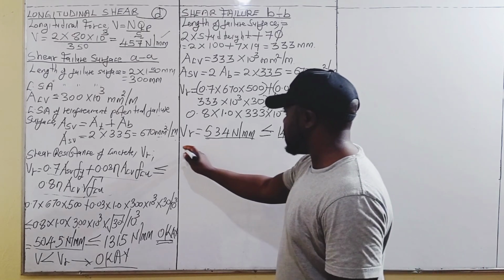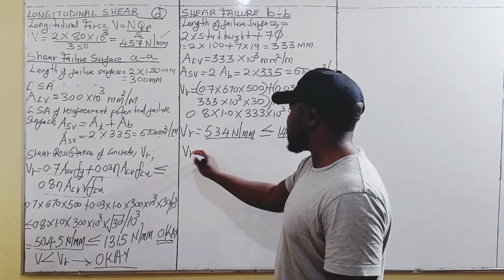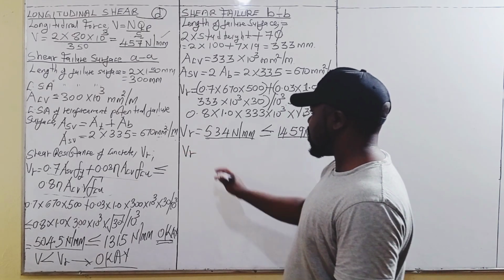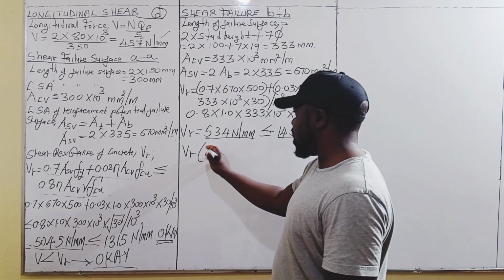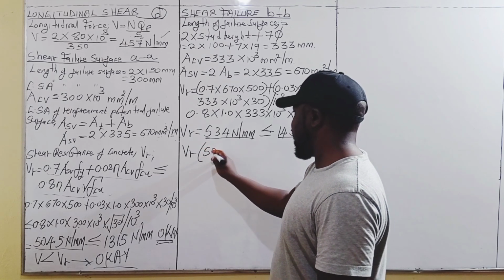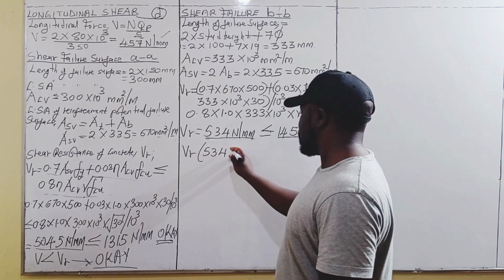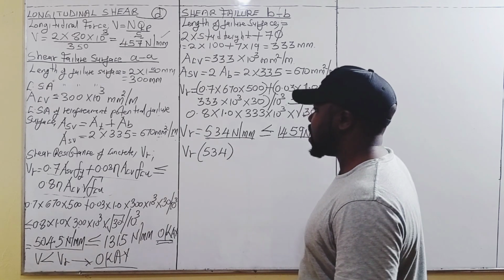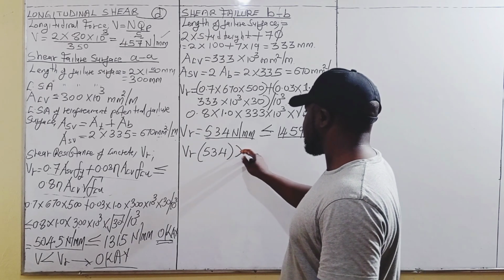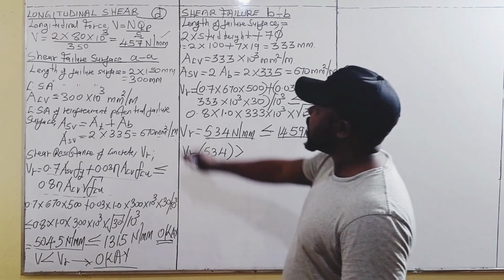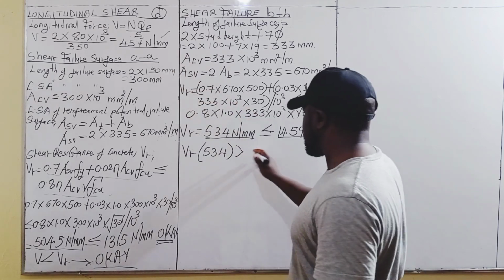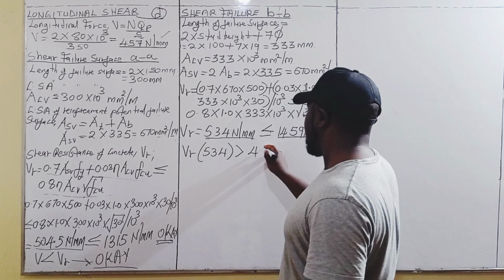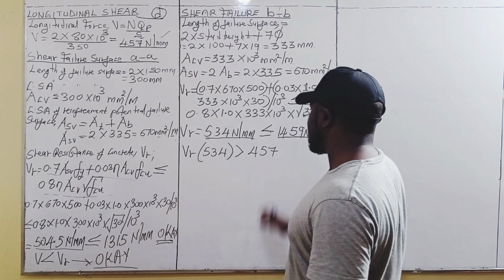And when we compare the shear resistance of the concrete, which is 534 newtons per millimeter, we find that it is greater than the longitudinal force, which is 457 newtons.